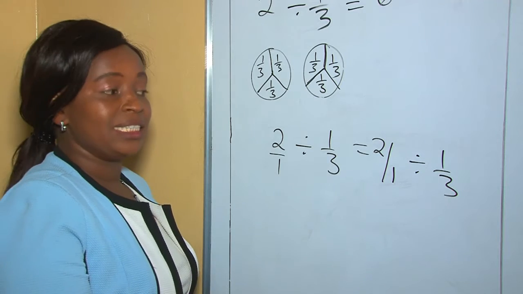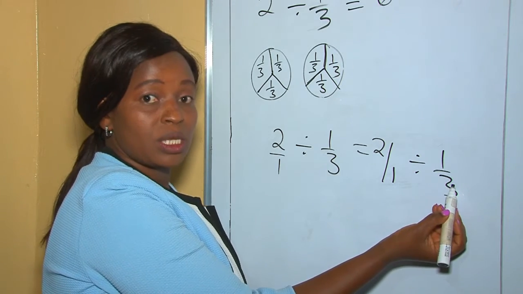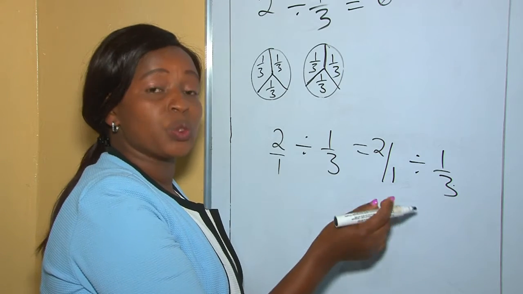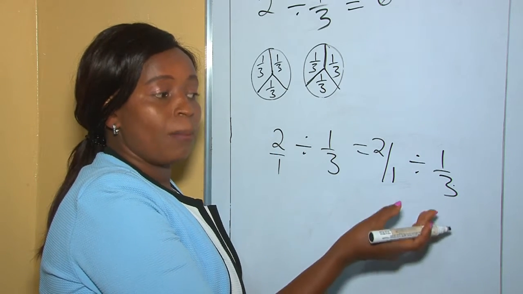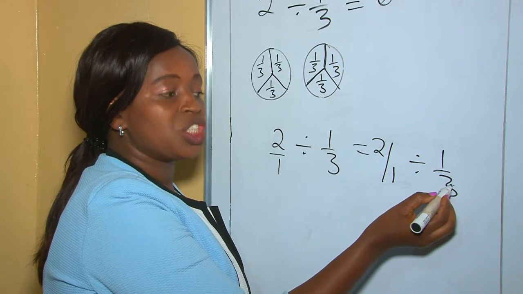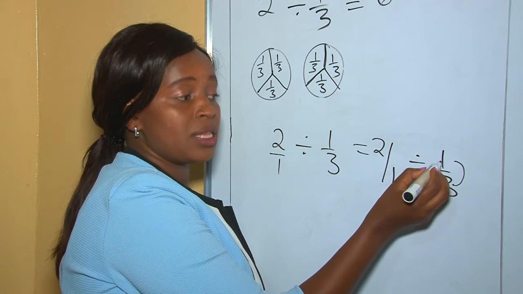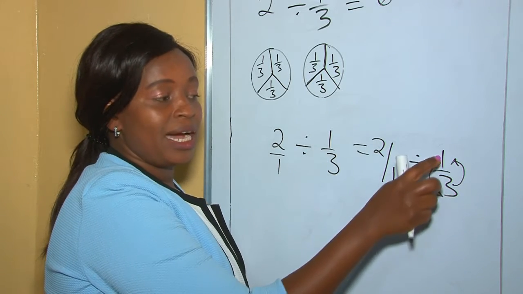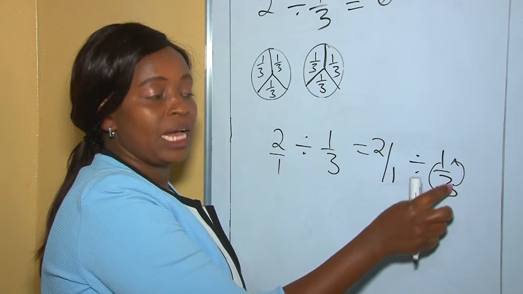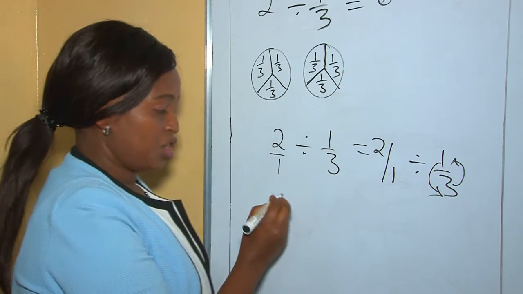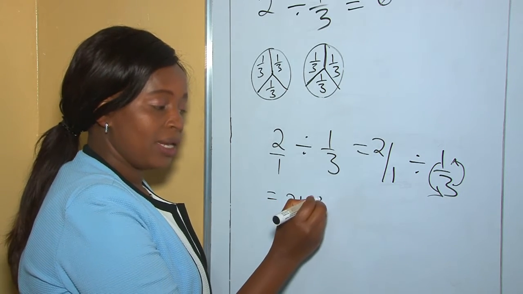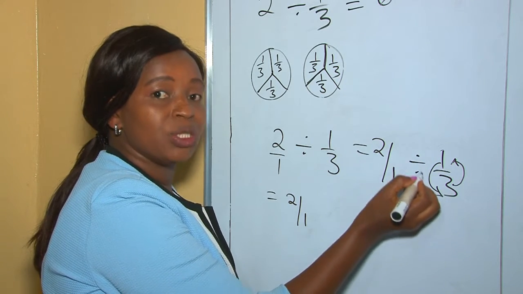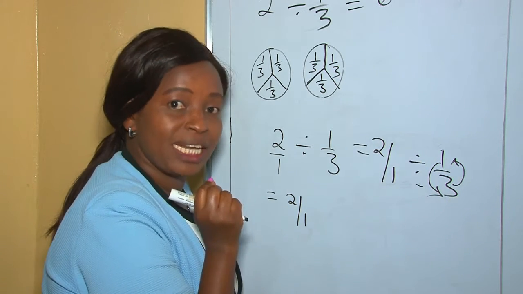The second thing is that for our second fraction, we get the reciprocal. From a previous lesson, we learned how to get reciprocals. Basically, for reciprocals you switch the fraction: the numerator becomes the denominator and the denominator becomes the numerator. When you change this to its reciprocal, you are allowed to change the division to multiplication.